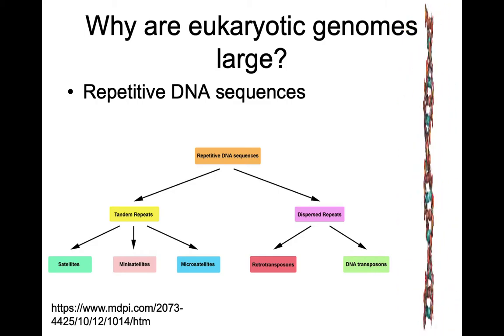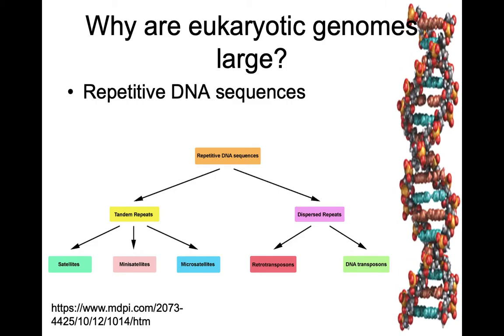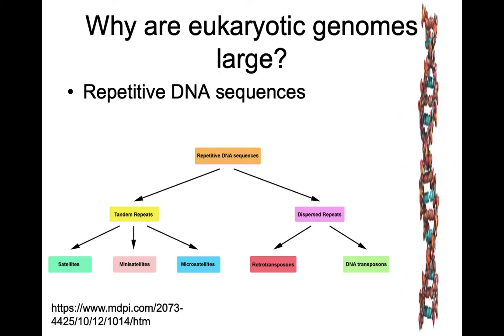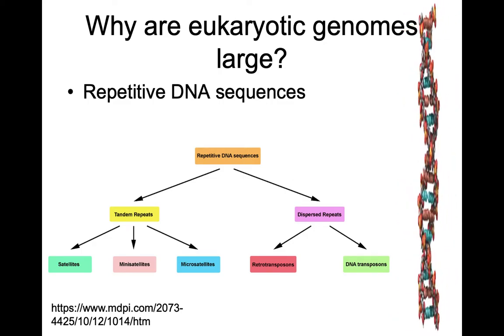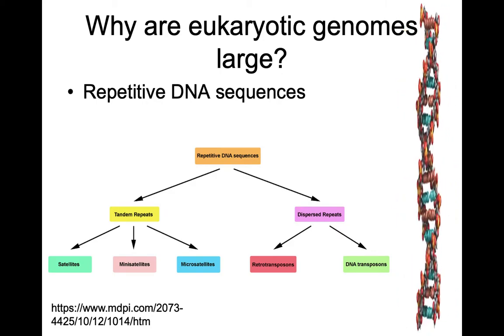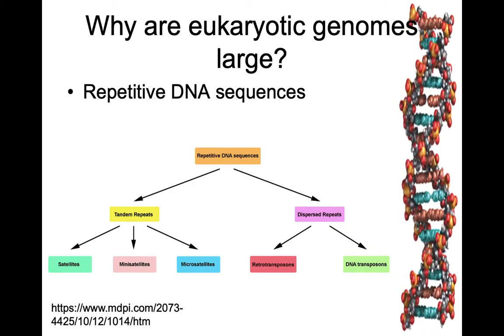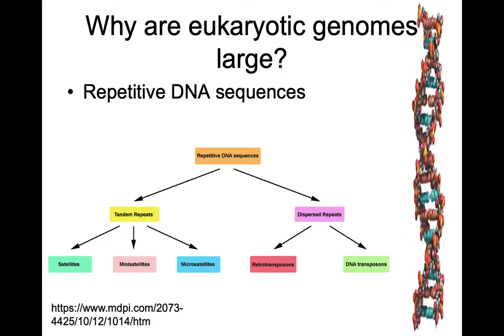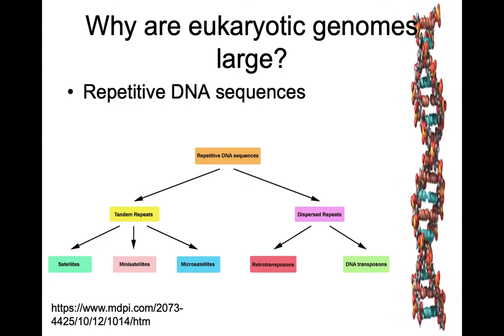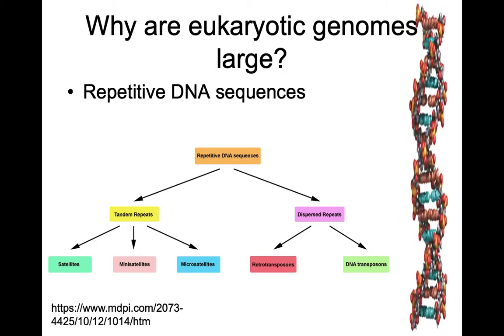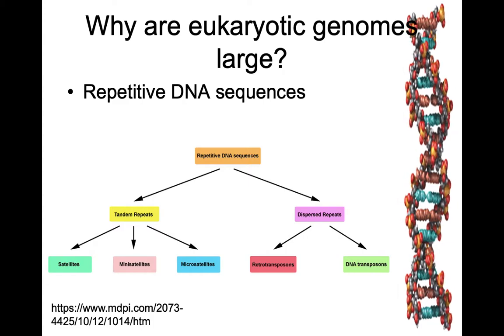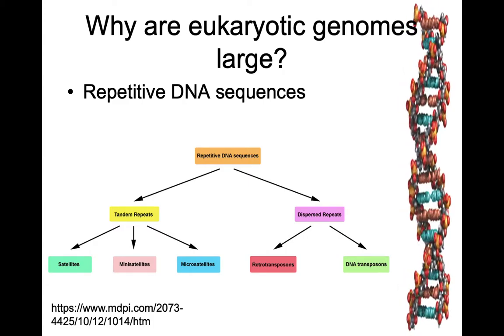In our lecture, I emphasized one difference between eukaryotic and prokaryotic DNA. Eukaryotic DNA you expect to be very large in terms of size, while for prokaryotes, most will have a total genome size of less than 9 megabases. For eukaryotes, it will be millions of bases.